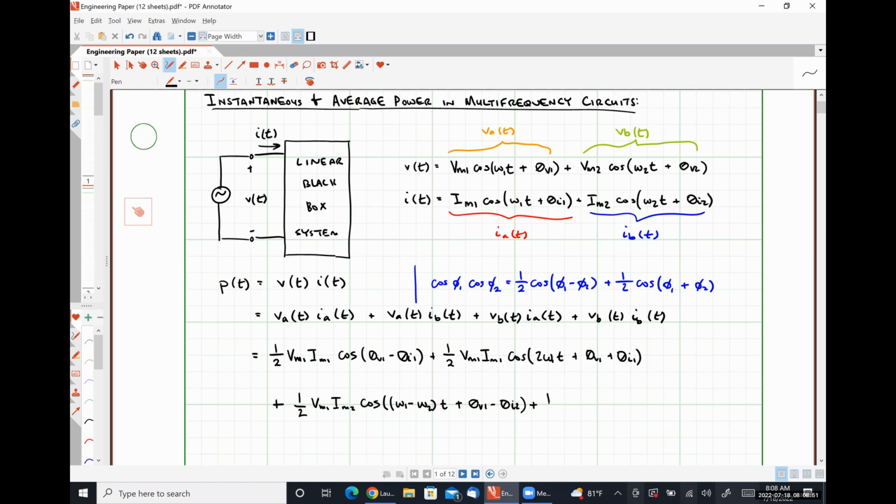So that's a 1/2 VM1 IM2 cosine. And now I add the angles together. So that's omega 1 plus omega 2 t plus theta V1 plus theta I2.